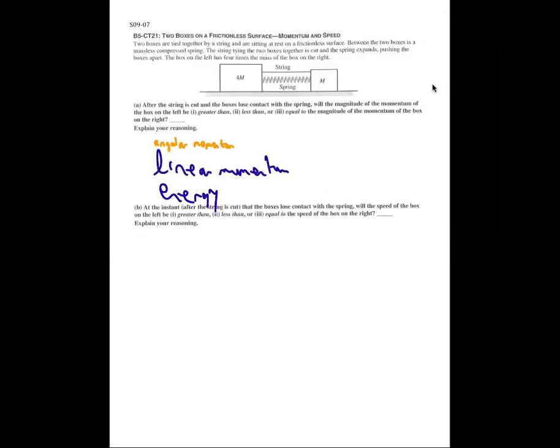In other words, if we knew k and we knew s, then we would be able to figure out the potential energy. Right? We'd be able to say that the potential energy is a half k s squared, and then that would equal the kinetic energy the thing picks up.